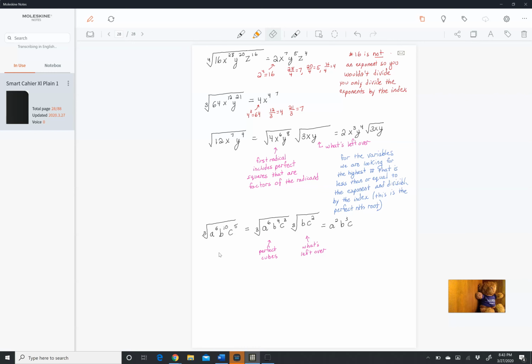Notice we don't put a 1 here. And then the rest of it is to stay the same. So what's left over just stays. We don't do anything with it. Okay, let's take another one.